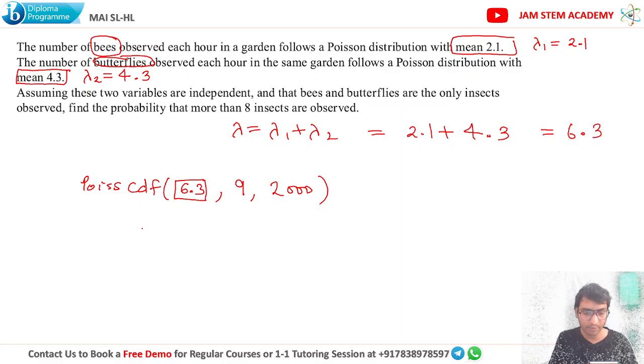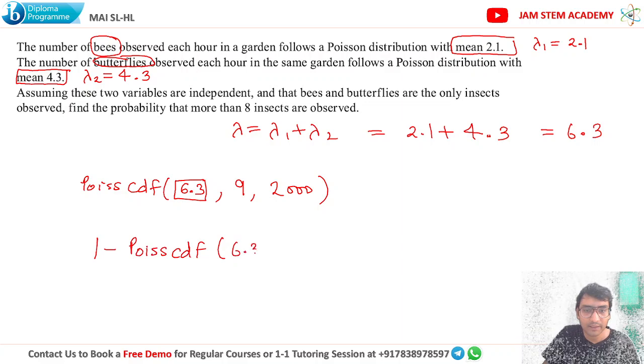9 is the lower bound, and for the upper bound you can take any large number, or you can also use 1 minus Poisson CDF for 6.3, where the lower bound is 0 and the upper bound is 8. That also gives you the same value. So here you can find this value and get your answer.